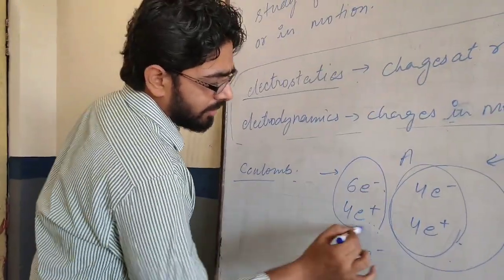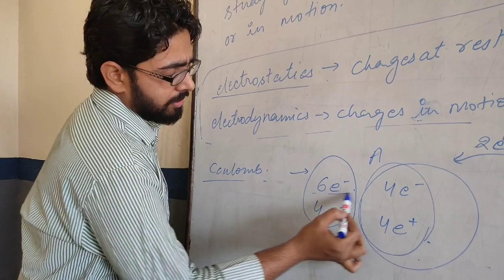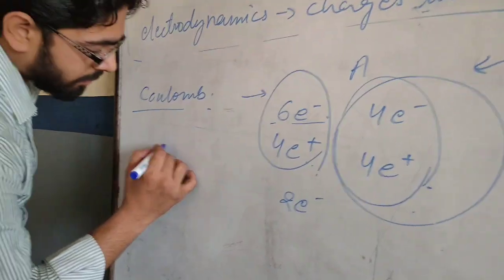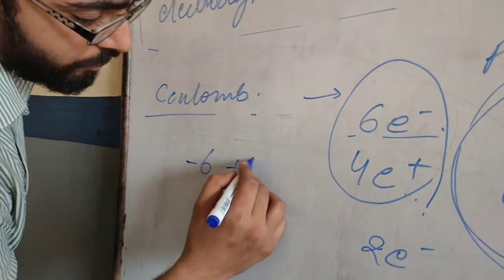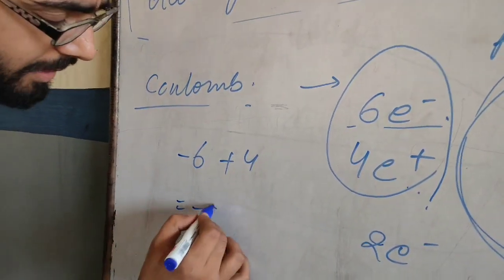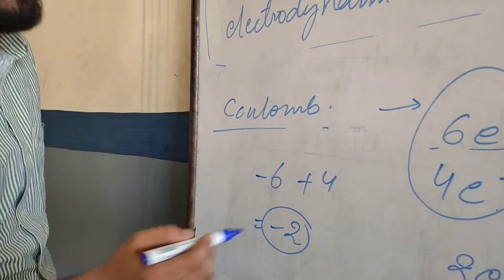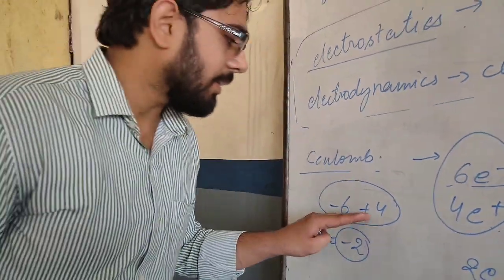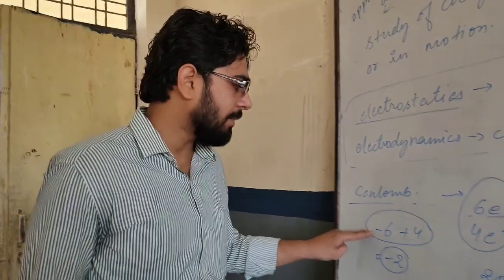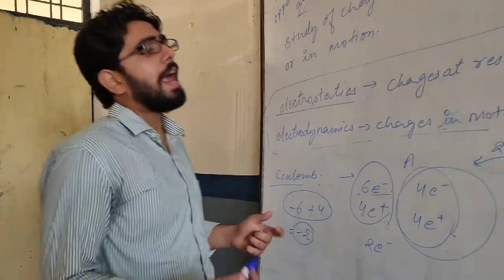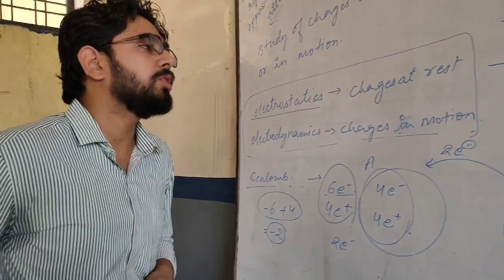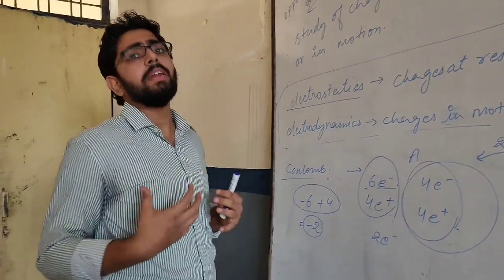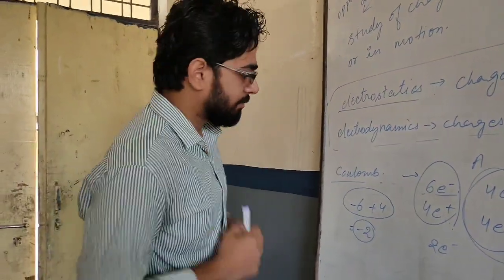We have done it over here: 6 electrons means 6 negative charges, 4 positive charges, so minus 6 plus 4, that is minus 2. We are adding like numbers by considering their signs, negative and positive. This is the additive nature of charge. We can have the algebraic sum of the charges to get the net charge on a body.